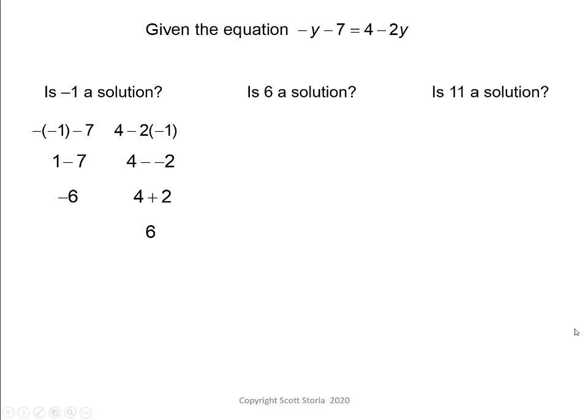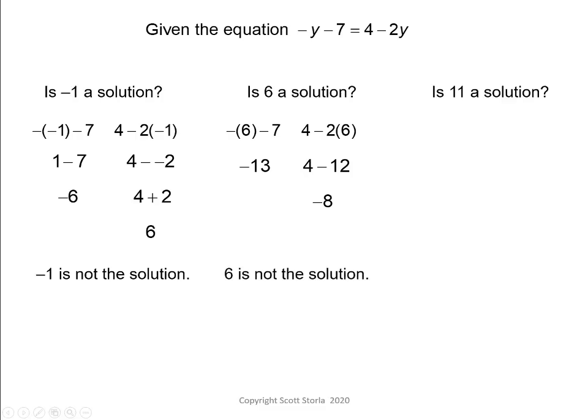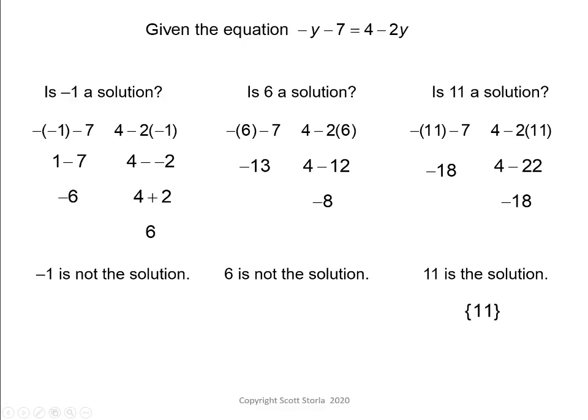In this case, I get -6 on the left, 6 on the right. -1 isn't a solution. If I try 6 and simplify, again, the values don't match, so 6 isn't a solution either. When I try 11, though, both the left and the right side simplify to -18, so 11 is the solution, and here's the solution set for this equation.